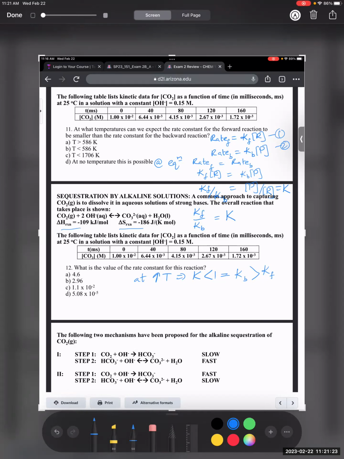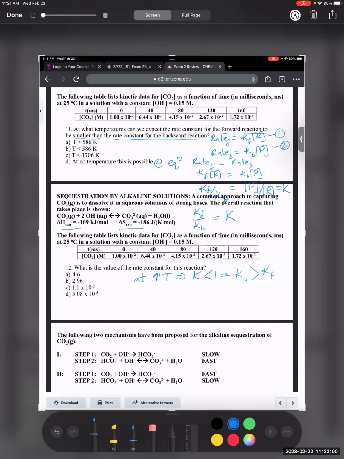Okay, so at higher temperatures than 586 Kelvin, because we determined the switching temperature already, the reaction is reactant favored, meaning K is less than 1. If K is less than 1, the backward reaction rate constant should be greater than the forward reaction rate constant, or the forward rate constant should be smaller than the rate constant for the backward reaction, which is the same thing.